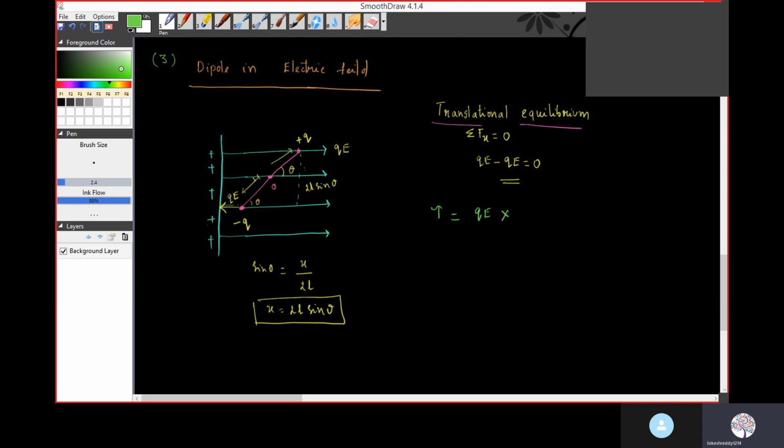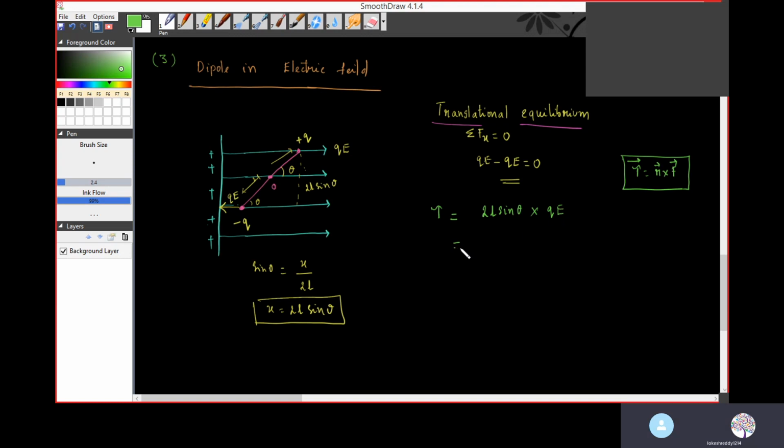Torque is R cross F, so first I will write R, and then F. R is the perpendicular distance 2L sin theta, into F. F is nothing but QE.